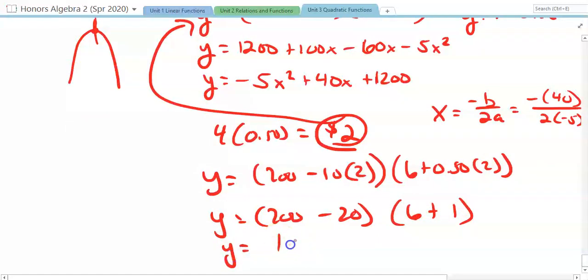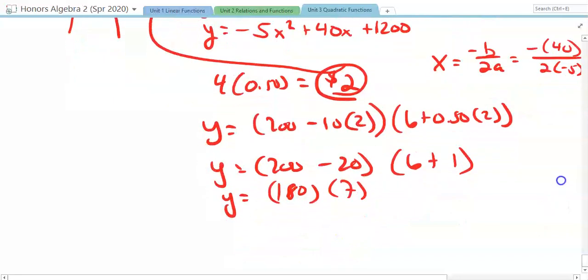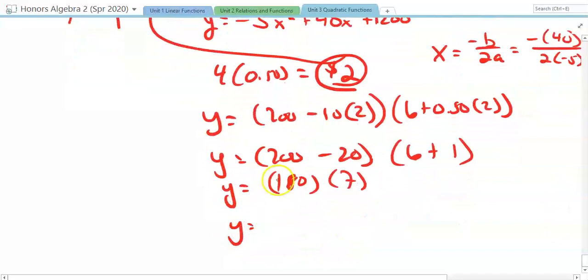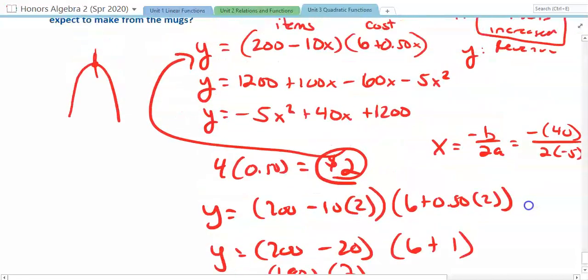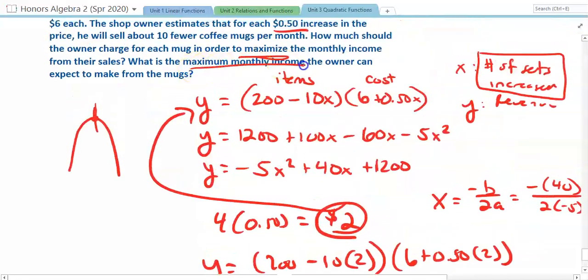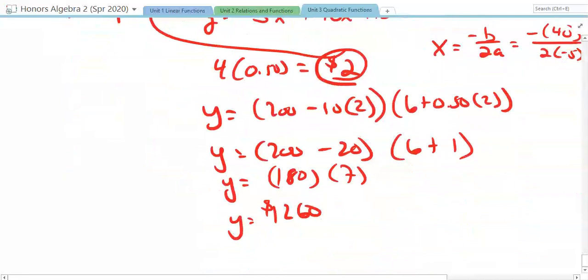And so y is equal to 180 times 7. And 180 times 7, that's going to be 700, that's going to be 56, so 1260. And so the answer to the second question is, what's the maximum monthly income? Well, his maximum monthly income is $1,260. Max monthly income.